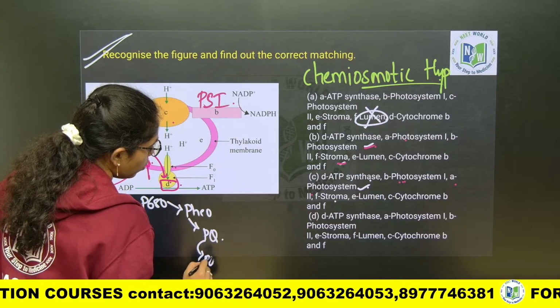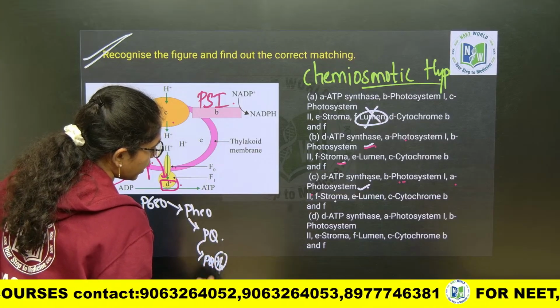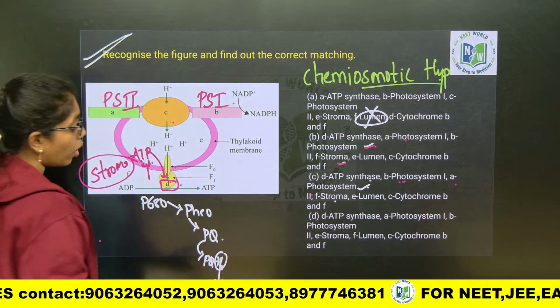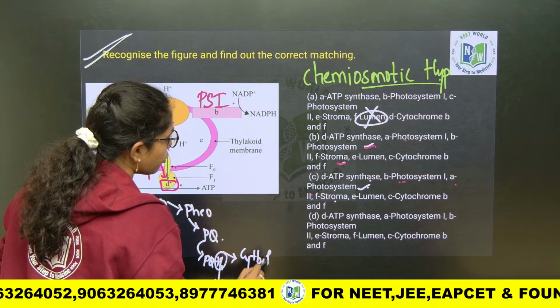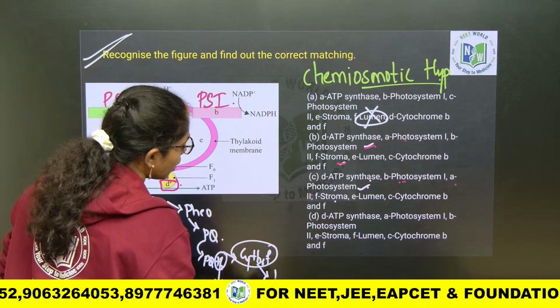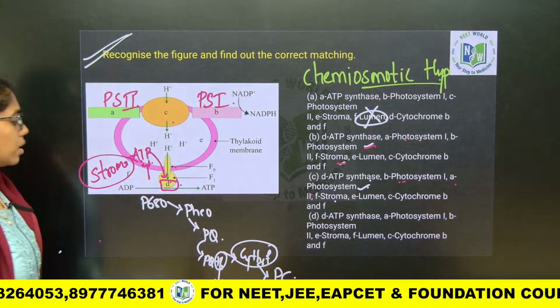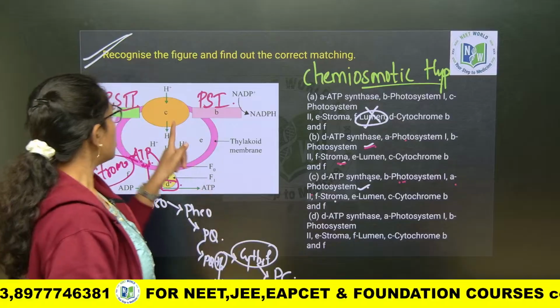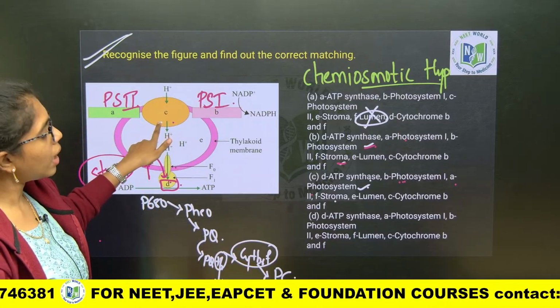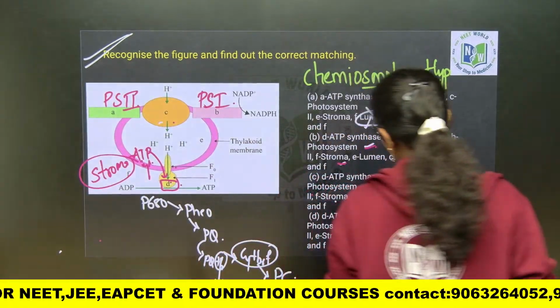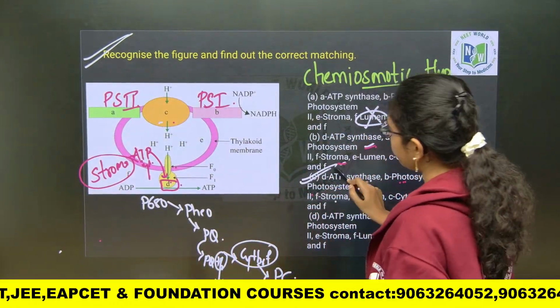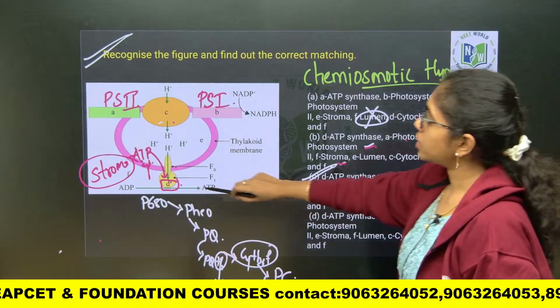Then PQH2, and H2 will be directly given to the thylakoid lumen. From here to the cytochrome b6f complex. Next to what? Plastocyanin. So, this will be the electron flow. So, in the midst, what is C? Cytochrome b6f complex.